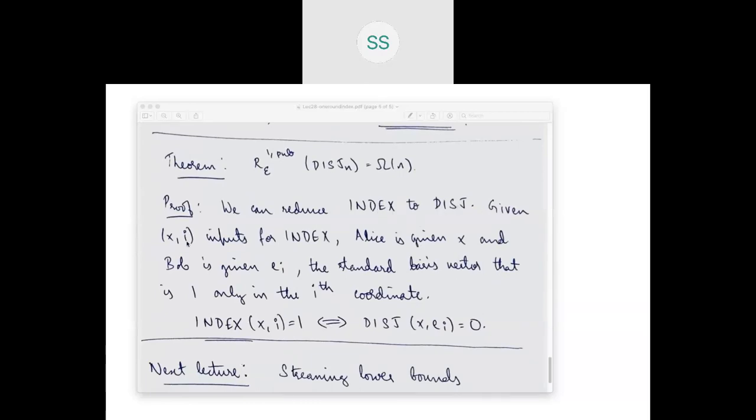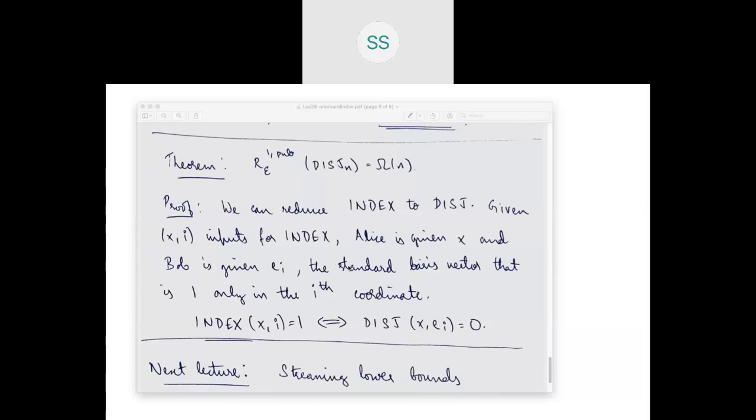So given x and i as the inputs for index, we construct the instance for disjointness as follows. Alice is given x and Bob is given e_i. What is e_i? It is the n-bit vector which is 1 in the ith position and 0 in all the other positions. So there is only one 1 in Bob's input, at the ith position.